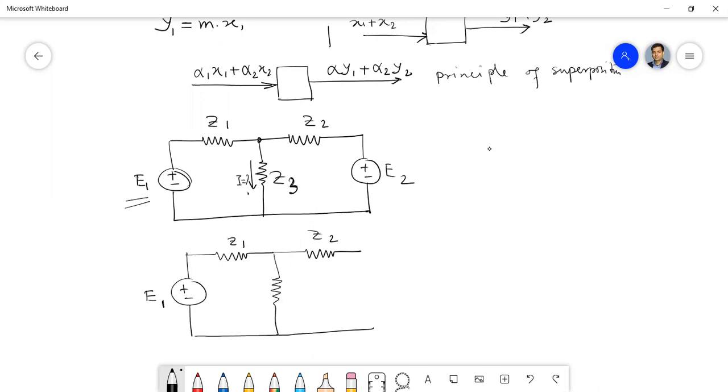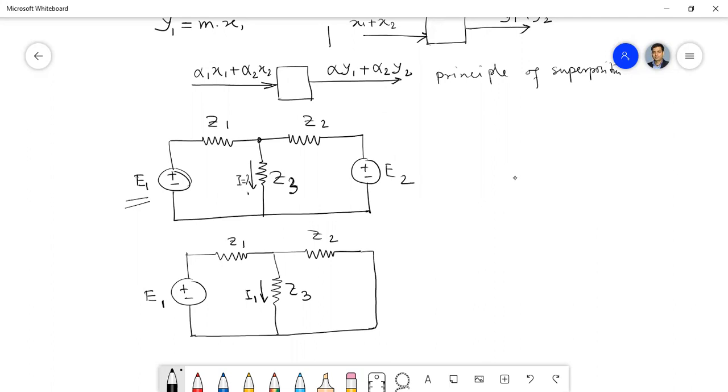I have to short circuit the other source. Then I will solve for the current through Z3. Let us call this current I1. That is not the actual current which is asked in the problem.